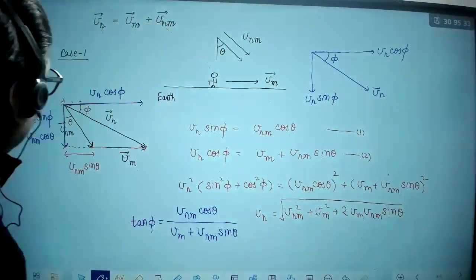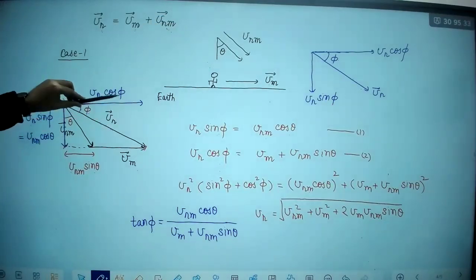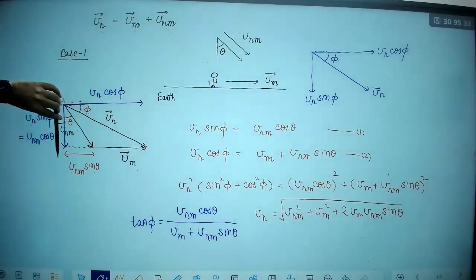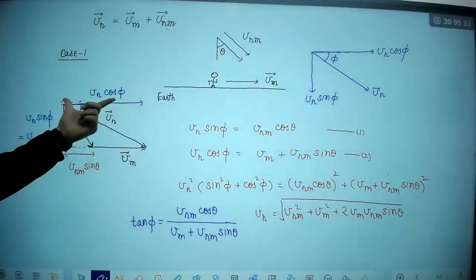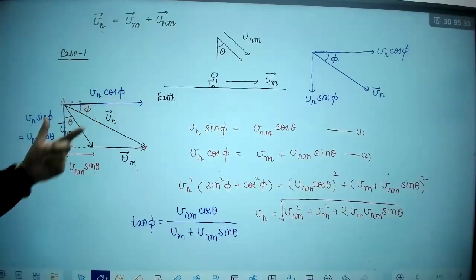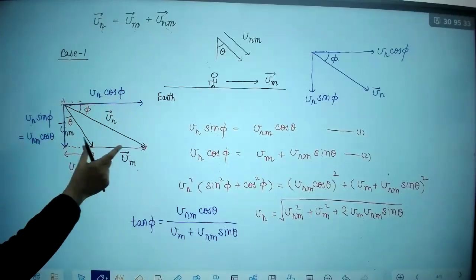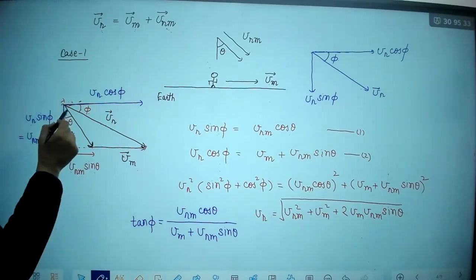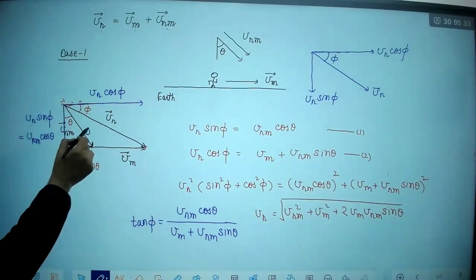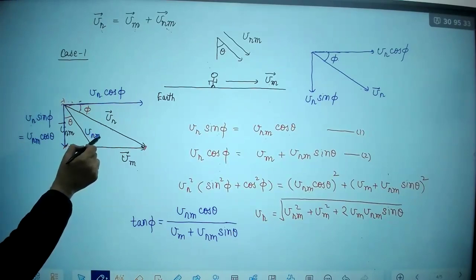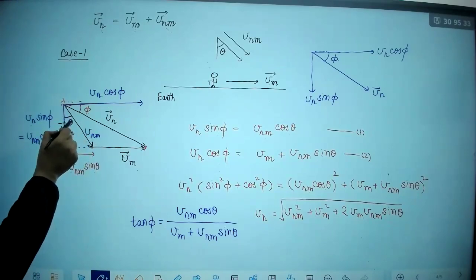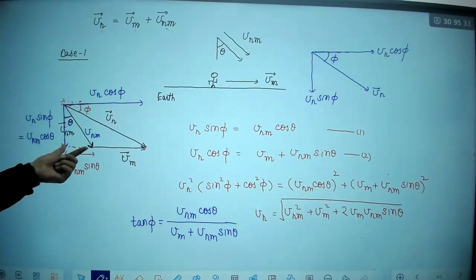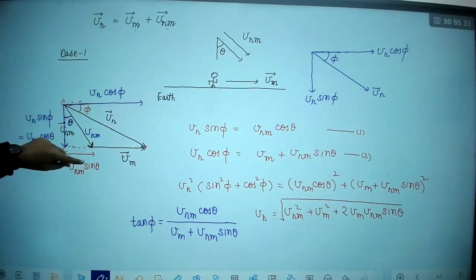Okay. So here I have done this. This is VR. I resolve it like this. Now I find out the length of this VR cos phi. VR cos phi is equal to this plus this. This is VM plus, if you resolve this VRM and this angle is theta, then this will be VRM sine theta.